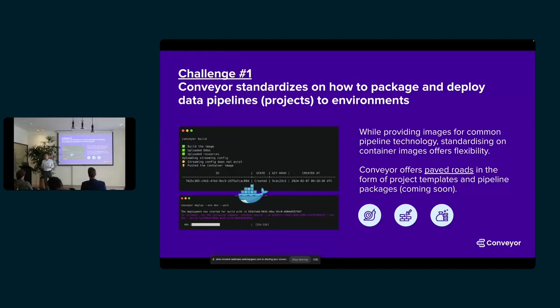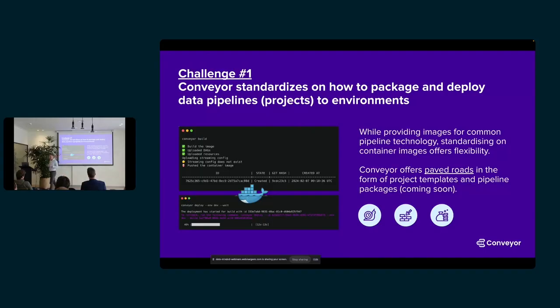On the same side, you want to build libraries. As an organization, you want to build paved roads for your use cases. And Conveyor adds that functionality as well for organizations to build their own paved roads.